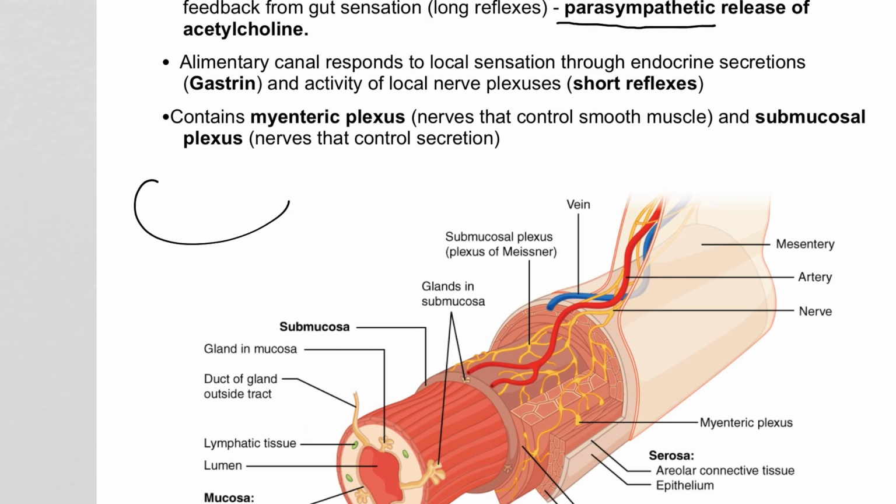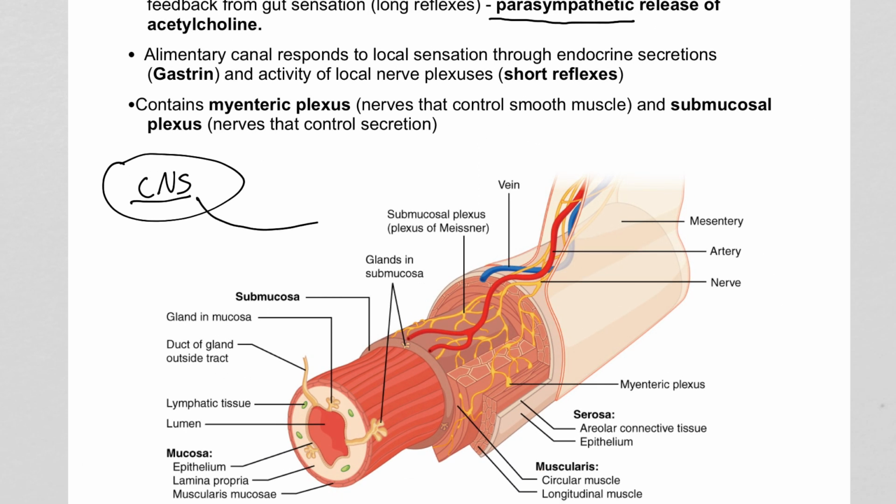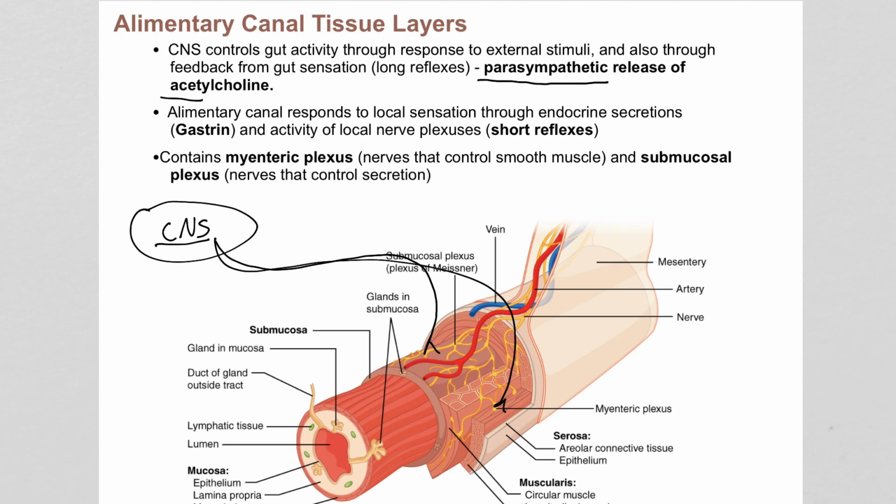And so if you consider this to represent the CNS, right, brain and spinal cord, you would expect parasympathetic nerves to be forming synapses both in the submucosal plexus and in the myenteric plexus. And the neurotransmitter of choice here is acetylcholine. You might remember acetylcholine from the neuromuscular junction in skeletal muscle. It's the same neurotransmitter here, but it's binding a different set of receptors.